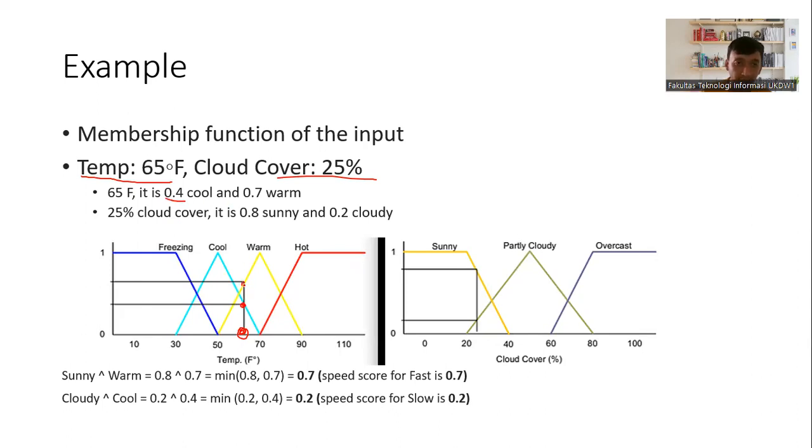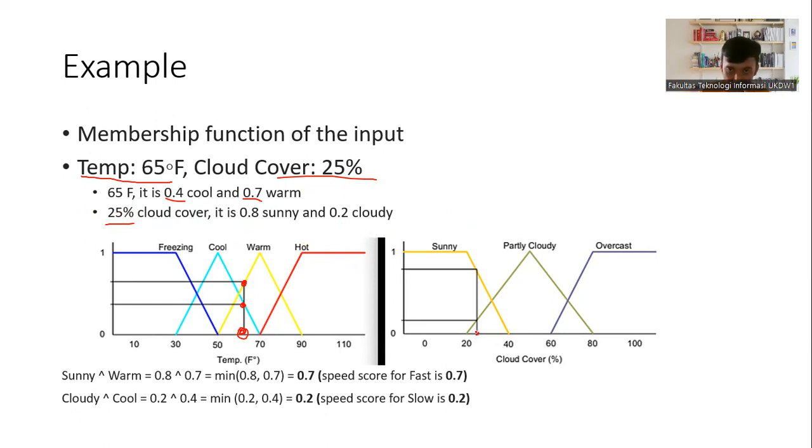And for the warm condition, the degree of the warm condition is 0.7. For the second input, the cloud cover, we have 25%.